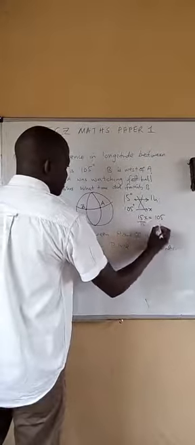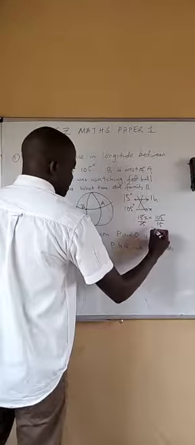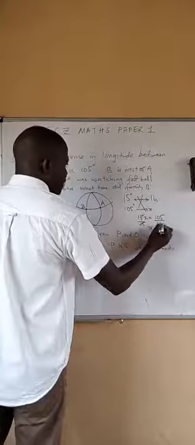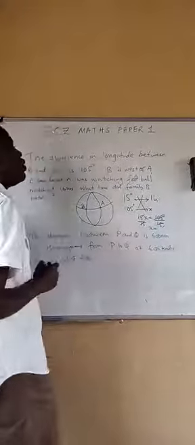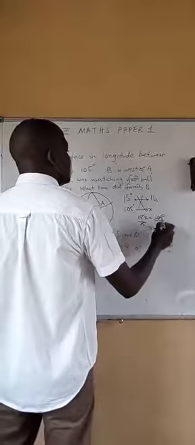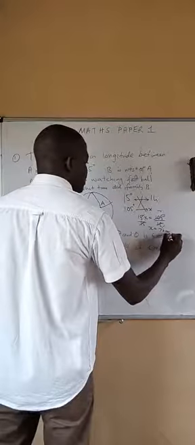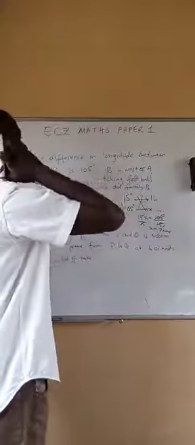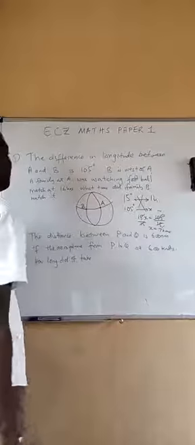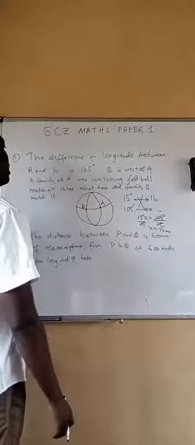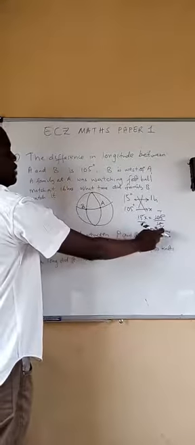You divide by 15, divide by 15. So x is equal to 15 into 105, it goes there how many times? 7 times. So 7 hours, okay? 15 into 105, it goes 7.